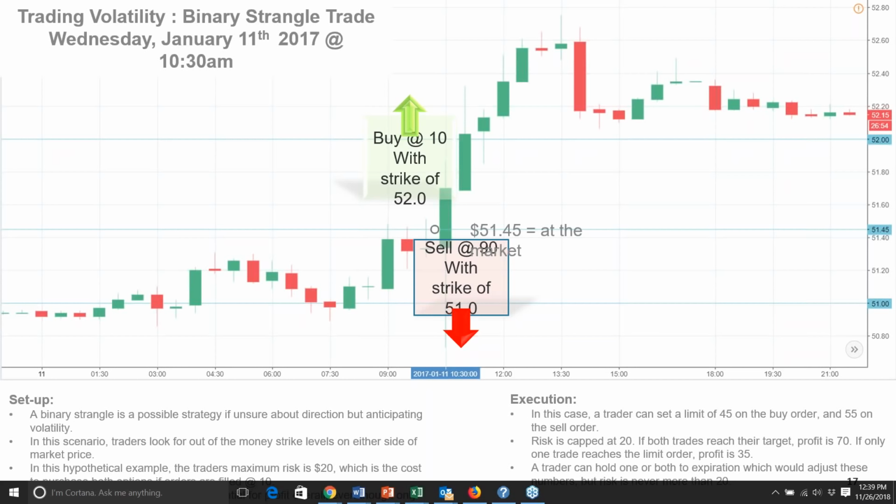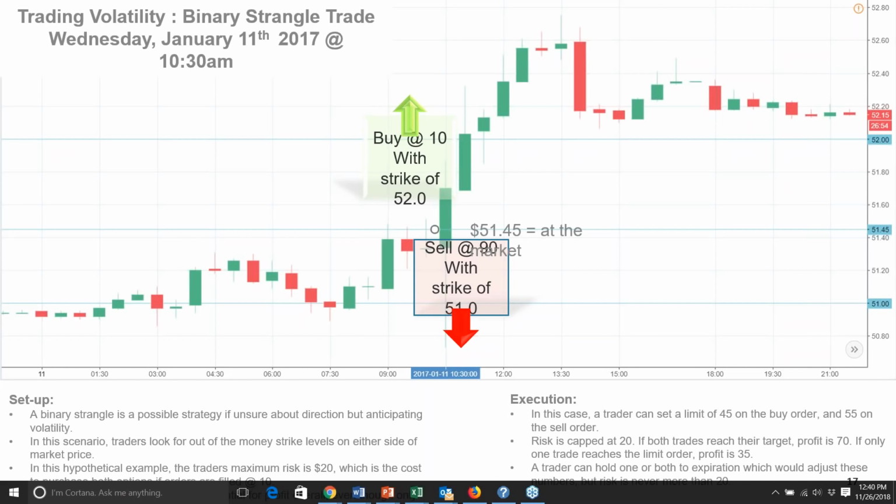The profit's $70. If only one trade reaches what you've set out as your limit, profit is $35. Trader can hold one or both to expiration, which would obviously adjust these numbers, but again, in no scenario, net of fees, is your risk ever more than $20.